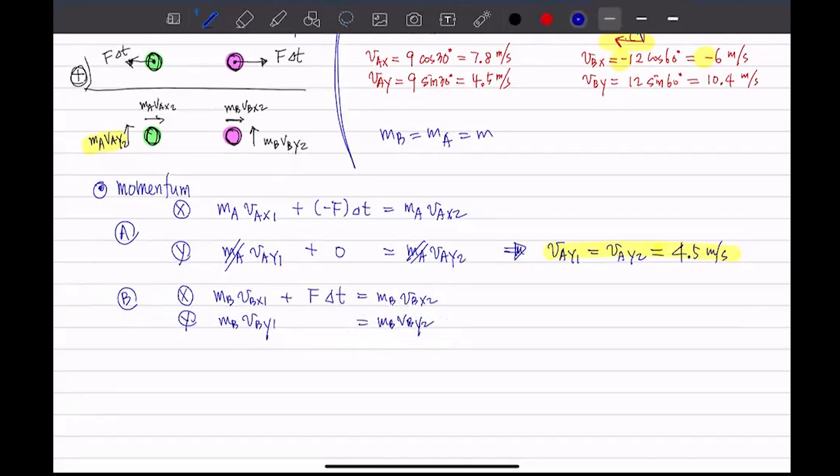It's like a tongue twister for me. Excuse me. So same thing here. These two go away, and we can find out vB,y1 equals vB,y2, and that is 10.4 meters per second.